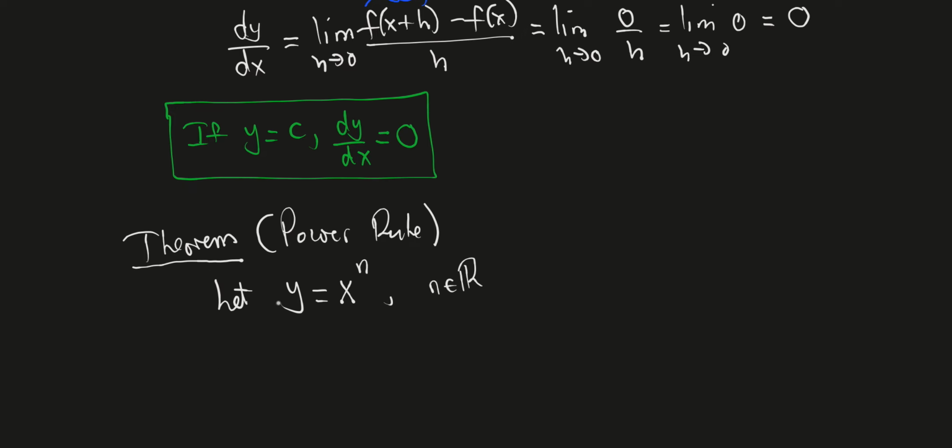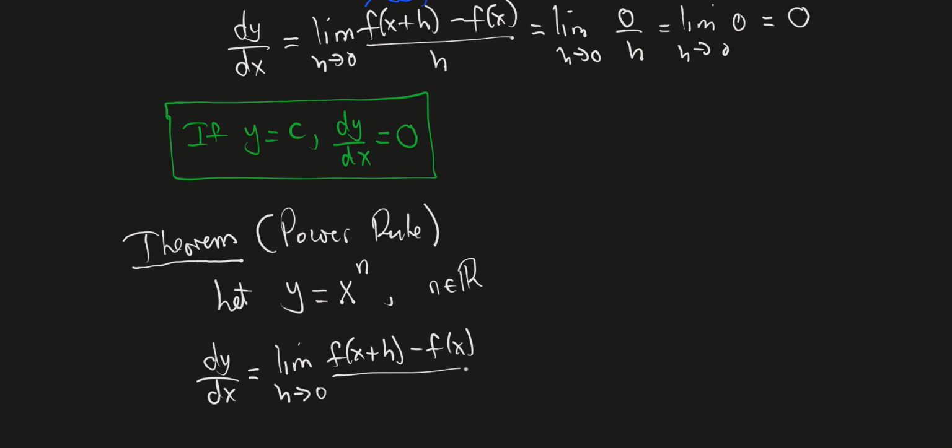Okay, so let's write it down. So our dy/dx again will be the limit as h approaches 0 of f(x plus h) minus f(x), over h. So now here is my f(x), right?